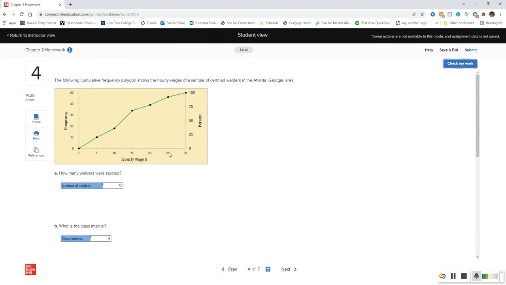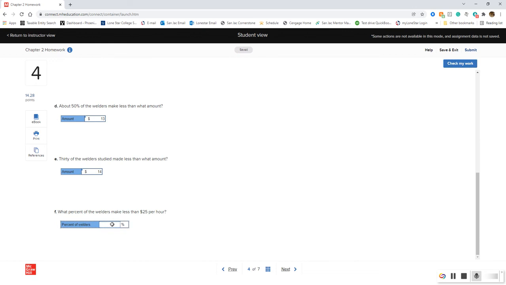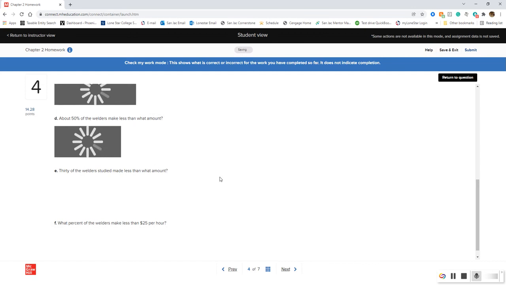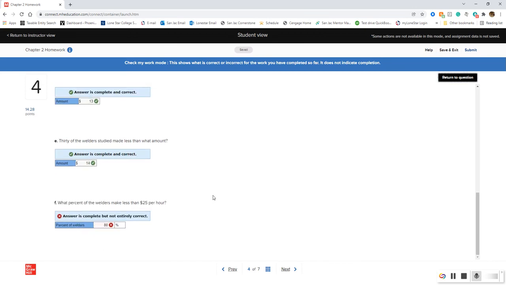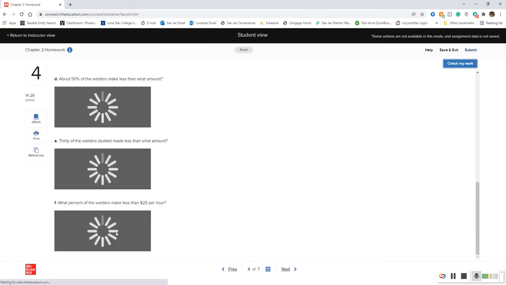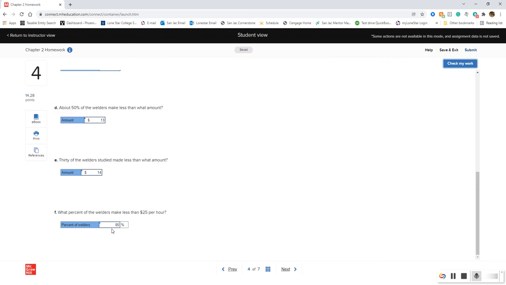Okay, there's 25. And we're looking at higher than 75, lower than 100. So let's try 80. Okay, so we're going to have to move a little bit higher. 80 was probably too low.